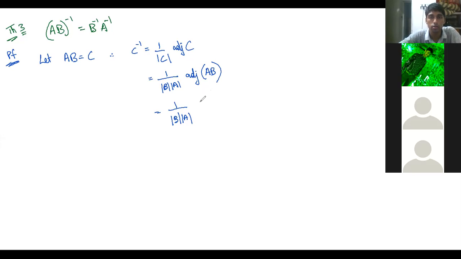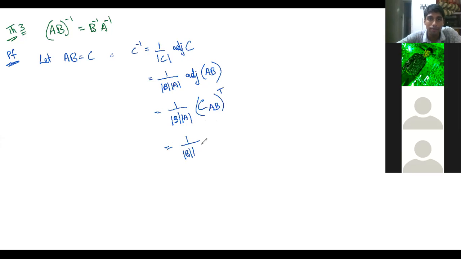So can I say this is the cofactor of AB matrix, whole transpose. Okay. So basically, the cofactor of matrix AB. After multiplying these two cofactor matrices, you're taking transpose. But we already know that this is the product of two matrices and you're taking transpose.